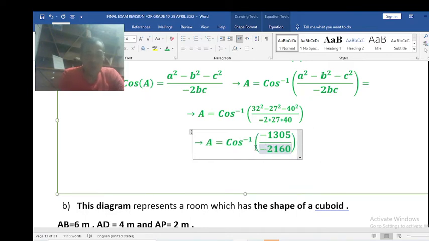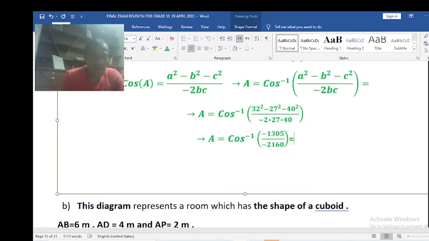Now you can use your calculator so that you can find the value of A. So I'll use shift cosine of negative 1305 divided by negative 2160. So the angle is approximately equal to 52.83 degrees, which is 52.8 to 1 decimal place. Clear?